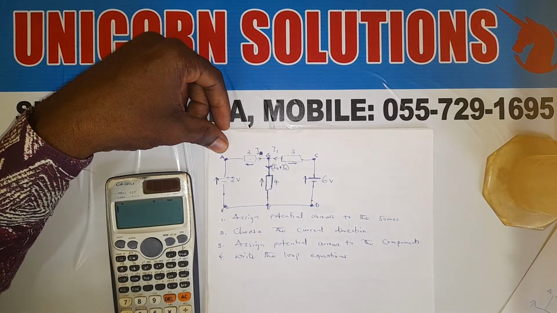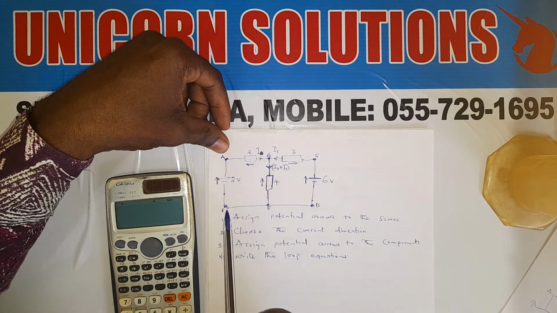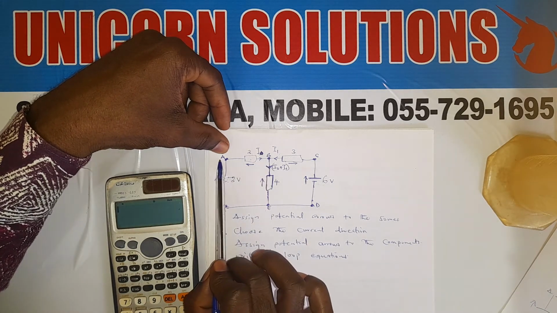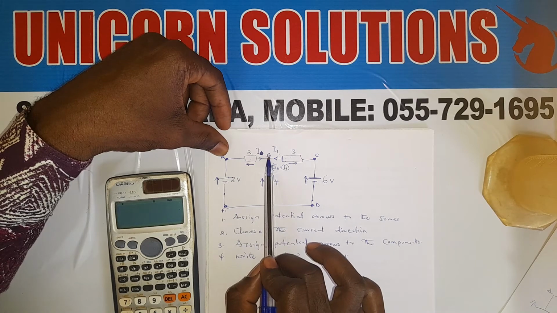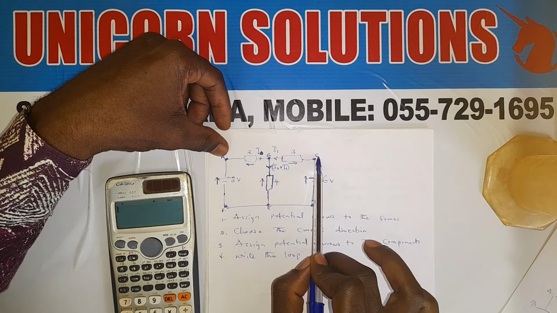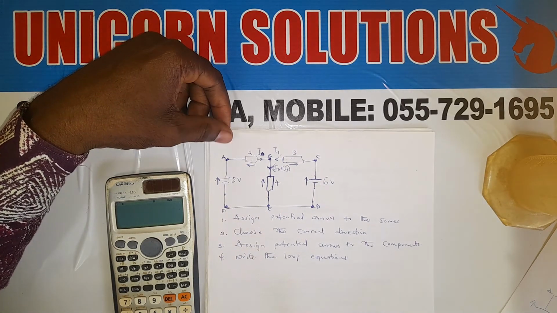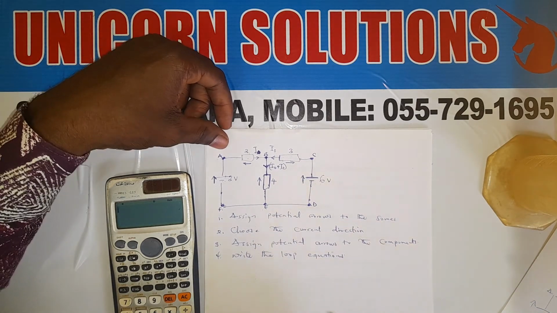Now, how many loops are we having? We are having 3 loops. The first loop is A, B, E, F, A. The next loop is B, C, D, E, and B. That's the second loop. The third loop is A, C, D, E, F, and A. So we are going to base on this to write our loop equations.